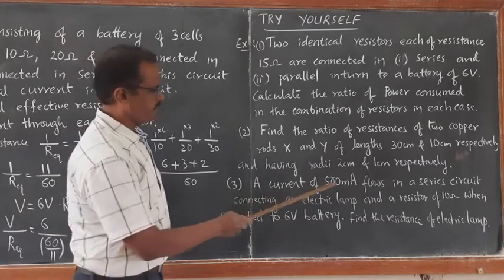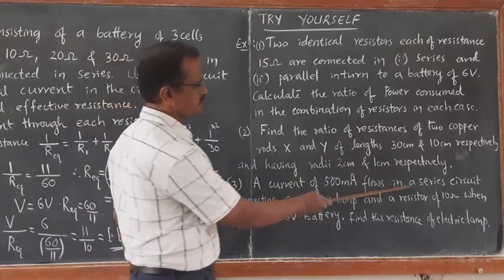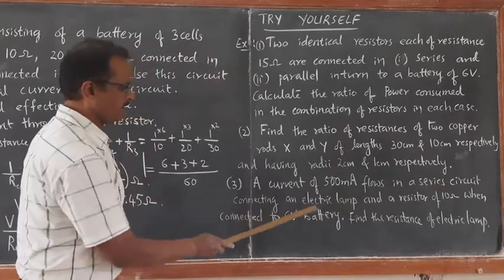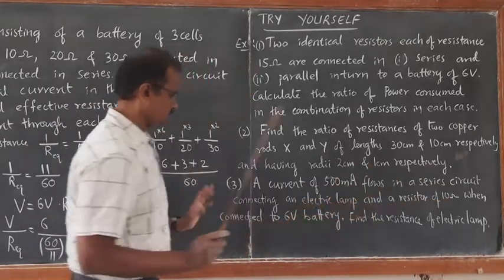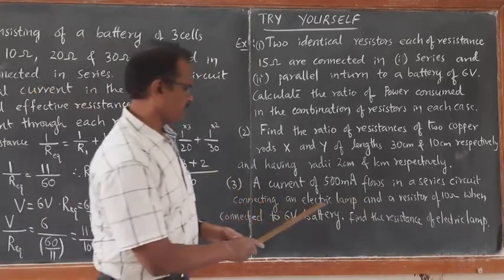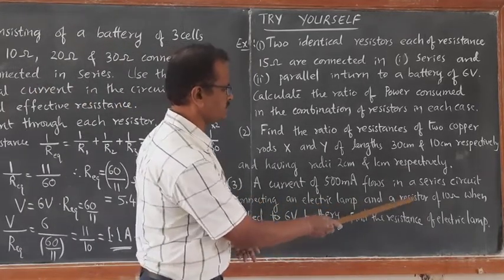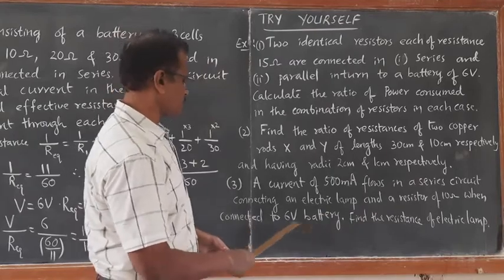A current of 500 milliampere flows in a series circuit consisting of an electric lamp and a resistor of 10 ohm, both in series, when connected to a 6 volt battery.